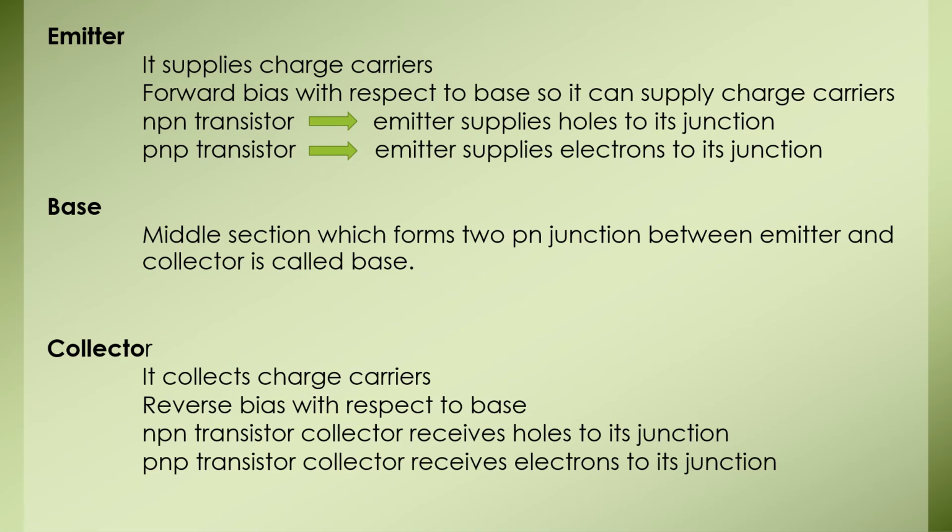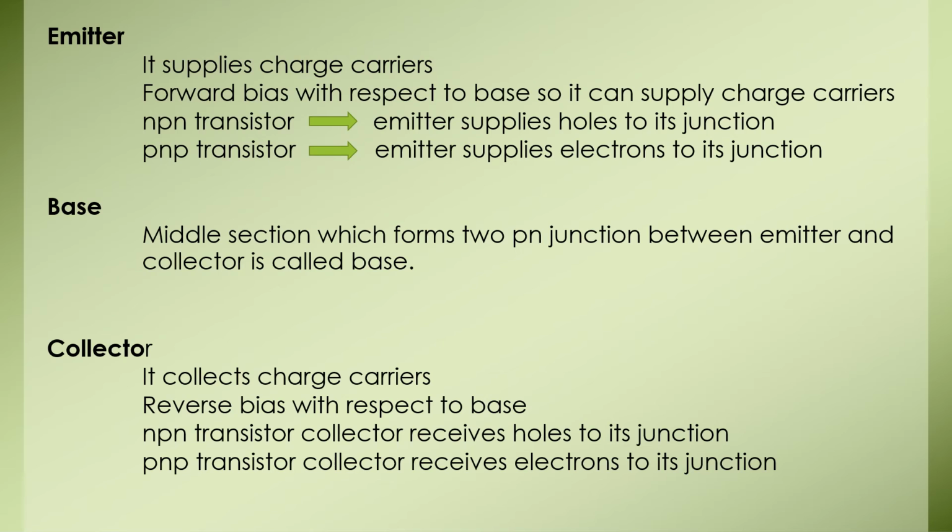It is forward biased with respect to the base so that it can supply charge carriers. In case of an NPN transistor, the emitter supplies electrons towards the junction, and the reverse of that, in case of a PNP transistor, the emitter supplies holes instead of electrons to the junction. This is the function of the emitter terminal.